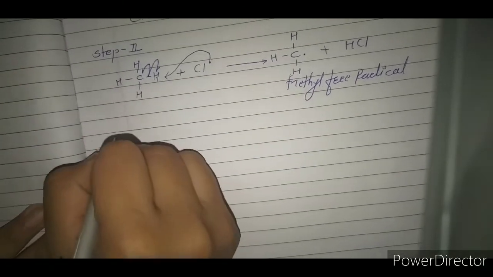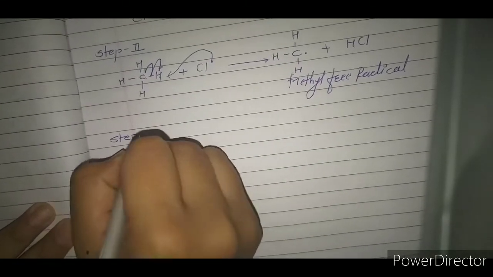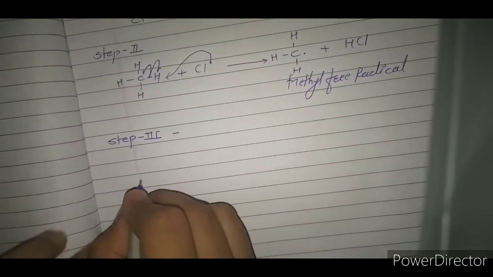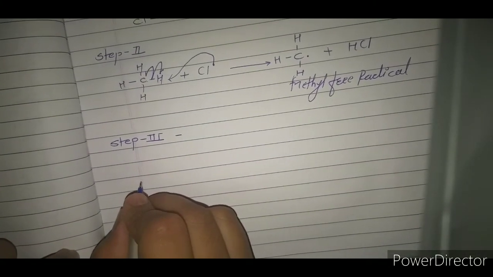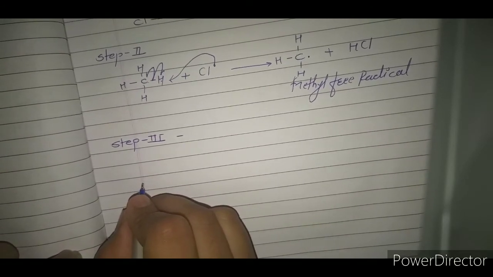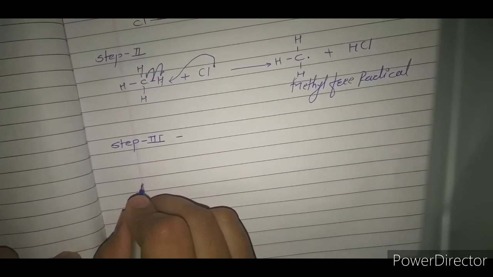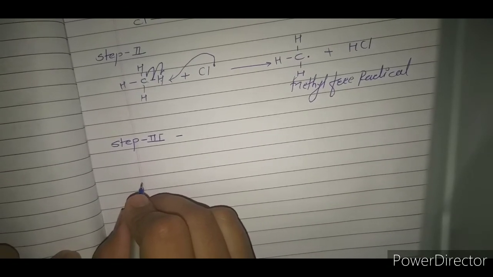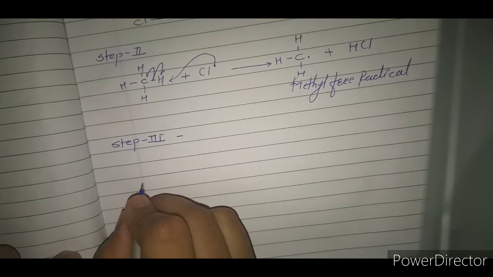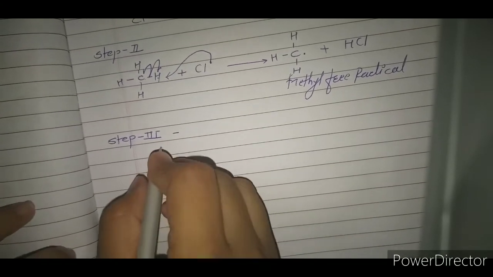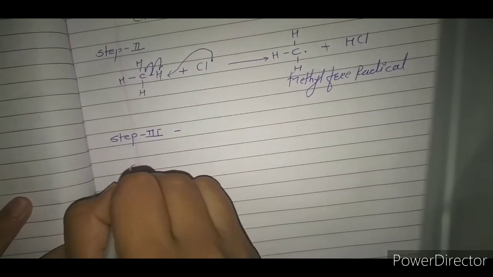Next step, step third. What happened in step third? In this step, reaction occurs between free radicals, means reaction occurs between methyl free radical and chlorine free radical and forms a product, but in this step no free radical is formed. Okay, so what happened in this step?